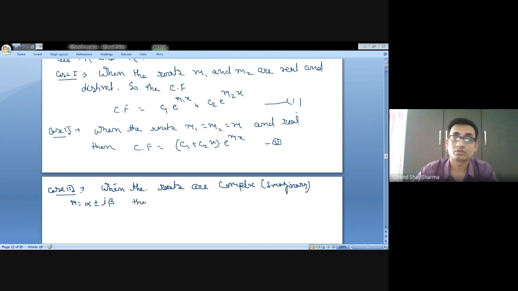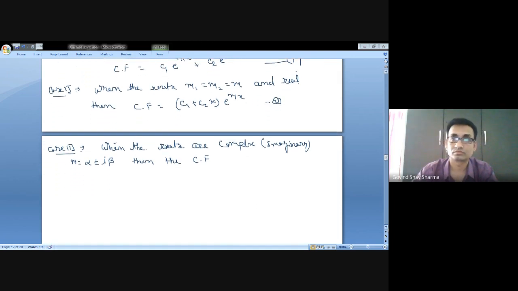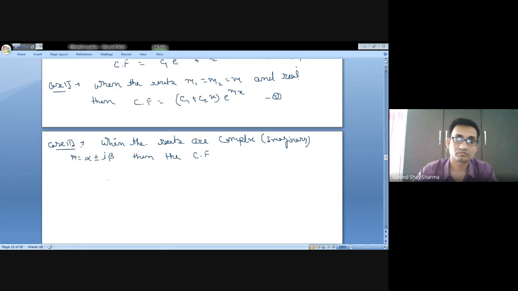Then the CF is c1 e to power (alpha plus i beta) x plus c2 e to power (alpha minus i beta) x.